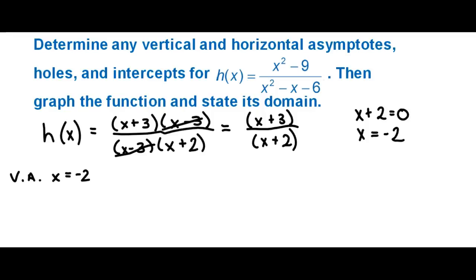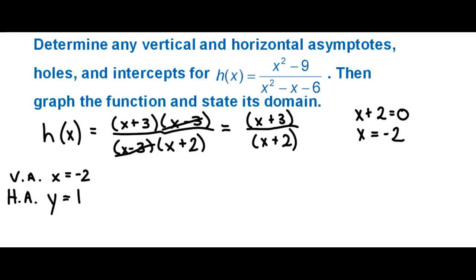So my x term on top has a coefficient of 1, and my x term on the bottom has a coefficient of 1. So I'm going to have a horizontal asymptote at y is equal to that fraction, which ends up simply being 1.